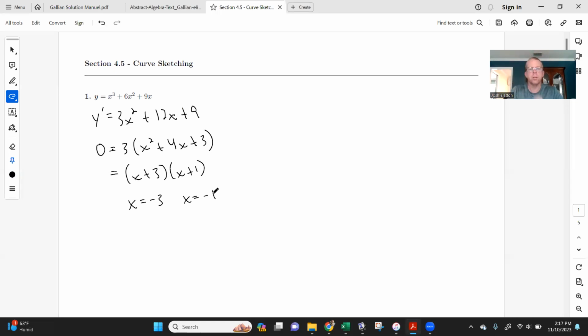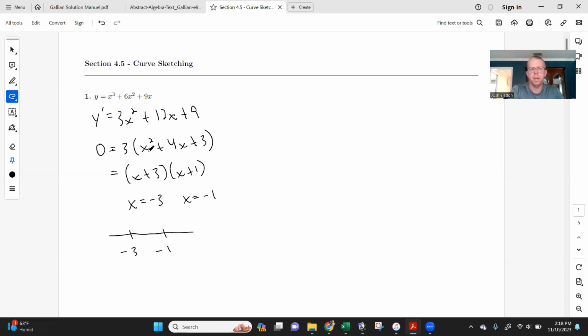Like we learned in an earlier video, we'll put these on a number line. I did explain this before, so we'll briefly explain it again. You can plug in points that are in the intervals, so not -3, not -1, but numbers between each of these intervals, and see where the first derivative is positive or negative.